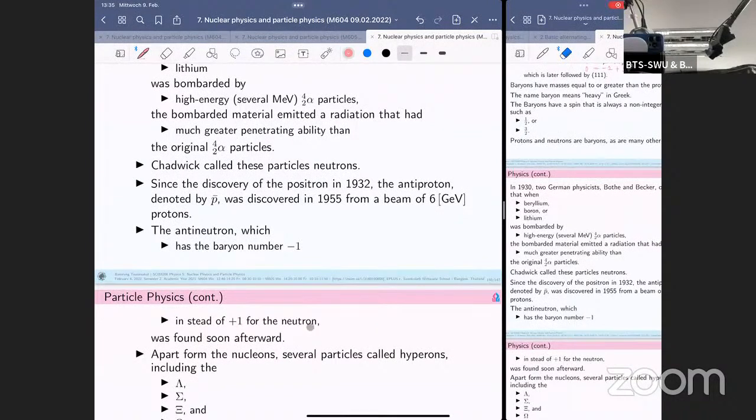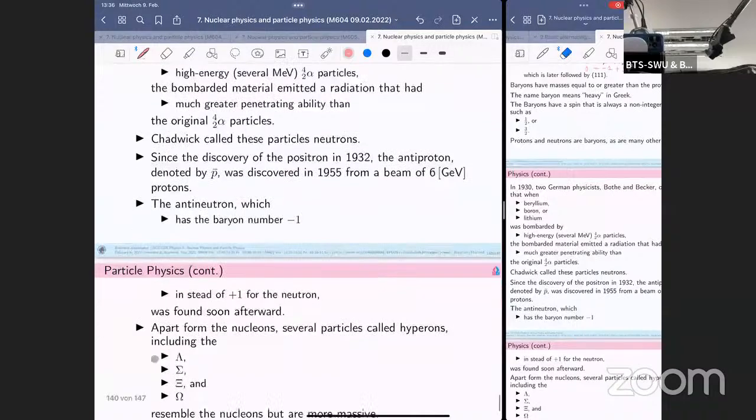Once we discovered the anti-proton in 1955, we found later the particle known as anti-neutron. You may ask how we call it anti-neutron, because it has the opposite, negative value for the baryon number, opposite to the particles like proton and neutron.